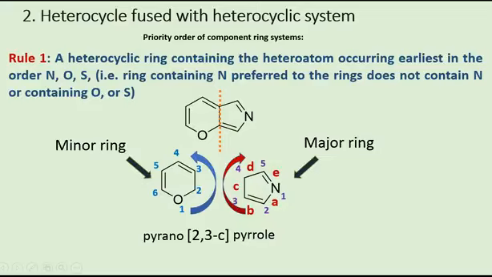So this is one way to decide whether it is a minor ring or a major ring, because we are deciding based on the atom. If nitrogen is preferred over oxygen, which is preferred over sulfur, it is as simple as that. It has nothing to do with the ring size. Next, while representing the fusion point, we have to see the bond, which you already have seen.